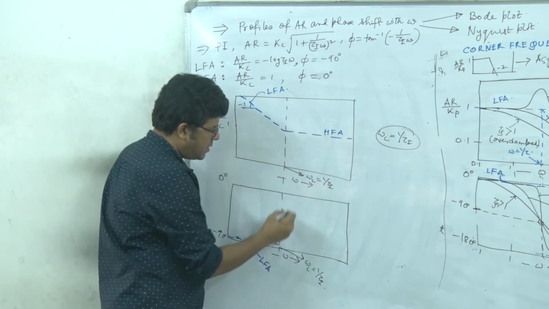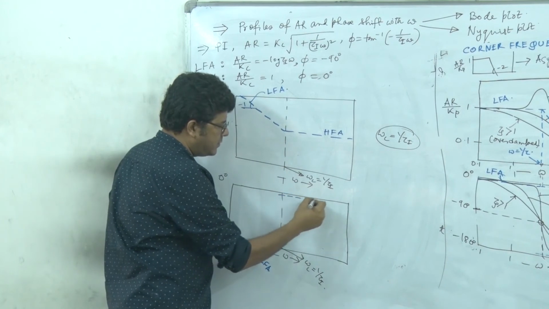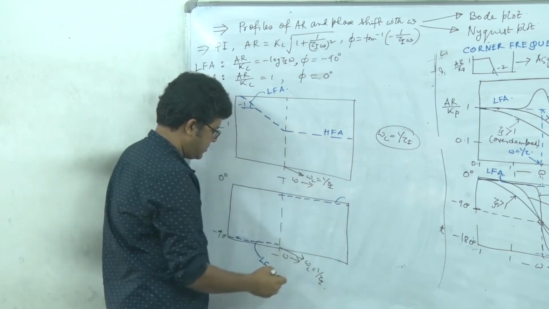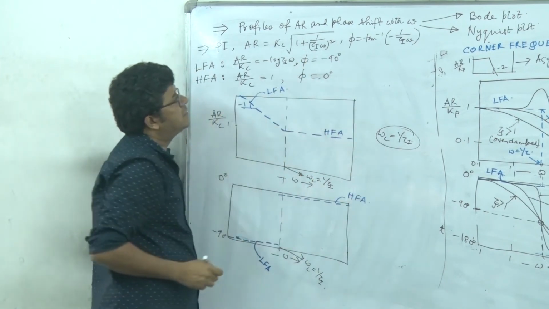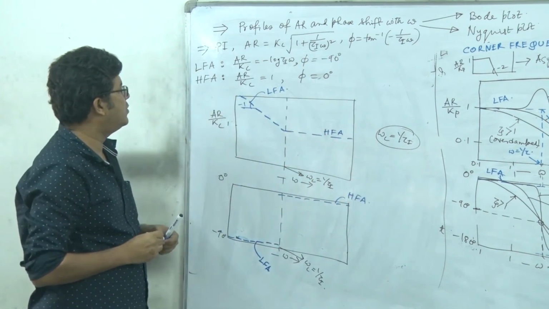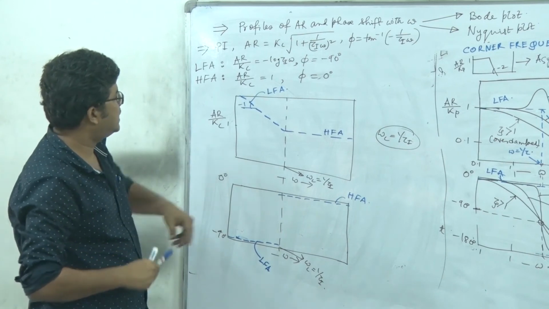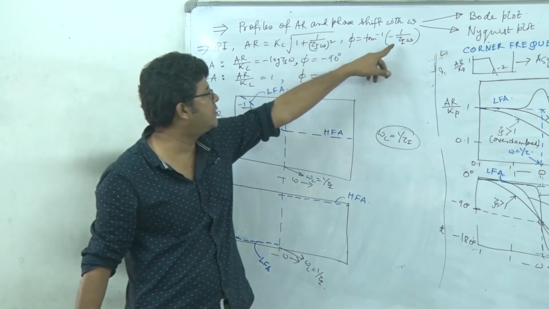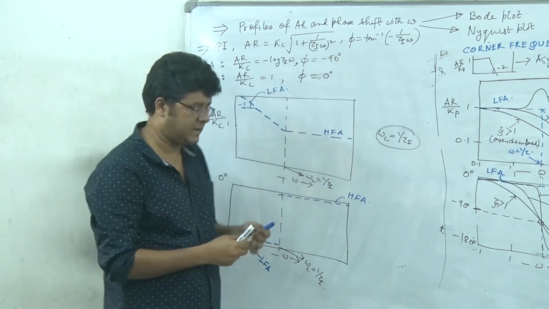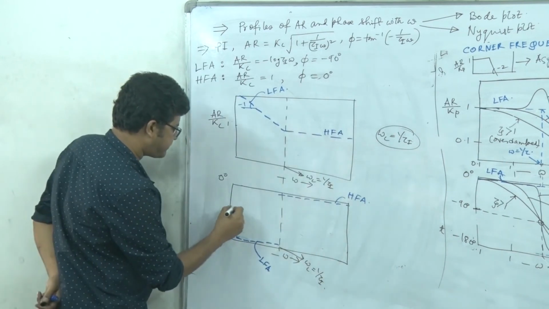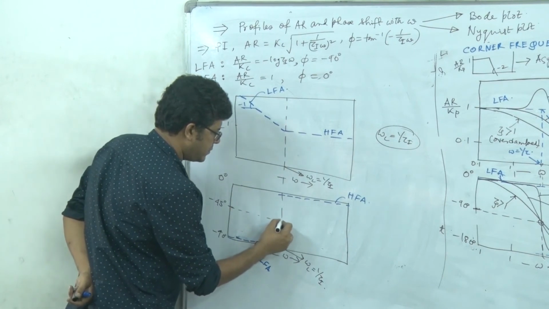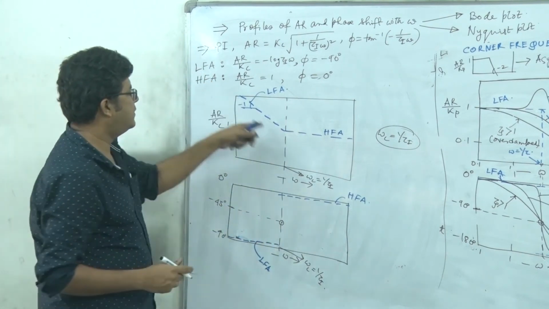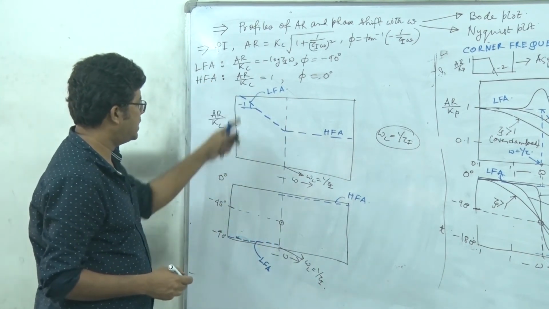HFA is this, 0. And at this corner frequency omega c equal to 1 by tau I, if you substitute tan inverse of -1, so -45. Right. So this is the asymptotic Bode plot for amplitude ratio.